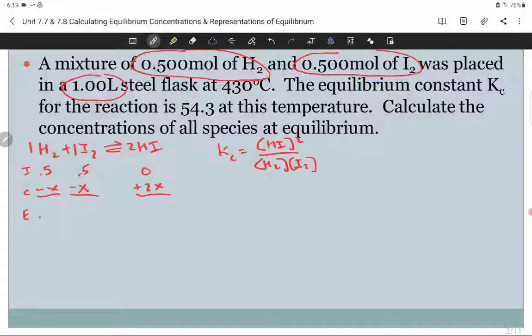So we have an equilibrium amount of those 3 values. Now we can plug those into our equilibrium expression and we can solve for x. And once we've solved for x, we can put it back into the 0.5 minus x or the 2x or whatever we need to formulate our equilibrium concentrations.